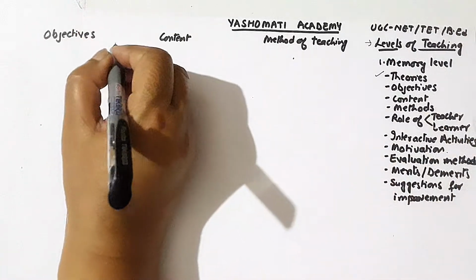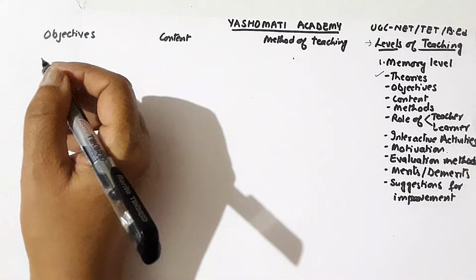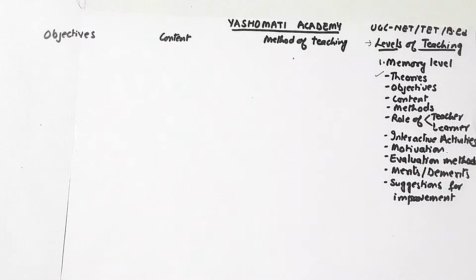As far as objectives are concerned, as we discussed in the previous classes also, memory level of teaching is more suitable when we have to provide certain information, or we want the learner to be familiar with certain concepts, or we want to make him memorize certain formulae or certain symbols or certain dates related to historical evidence, or how the subject or the content has developed through the ages.